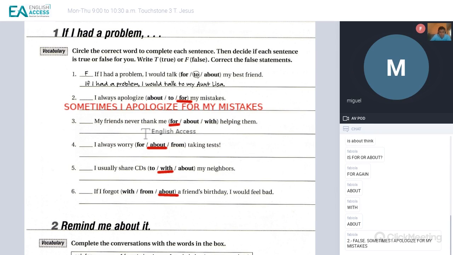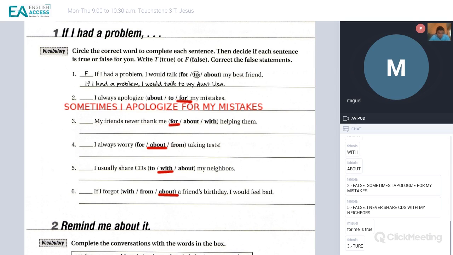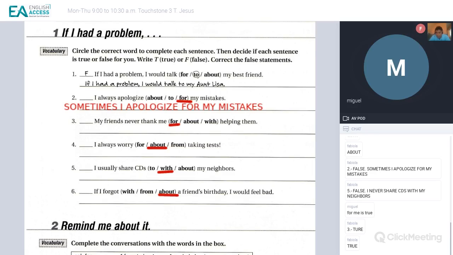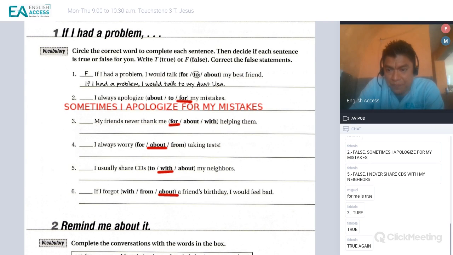Okay, Fabi, number three. Oh, number five. Number three is true. What about number four? For you, is true. Okay, so I'm gonna do five is five.